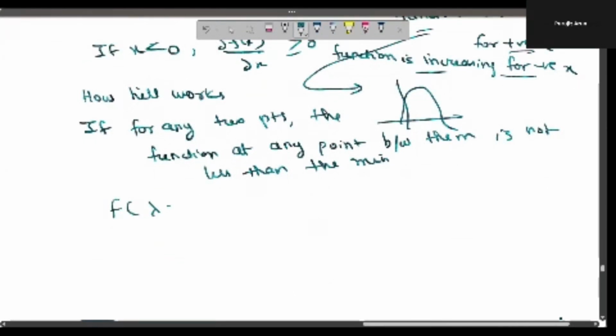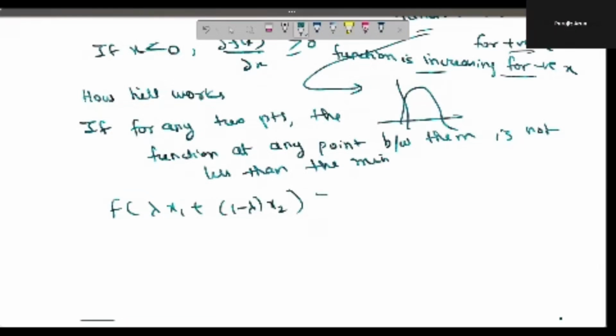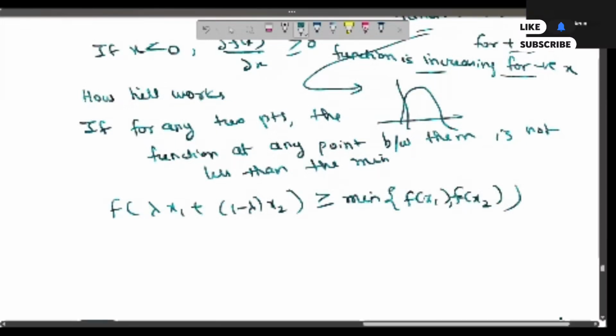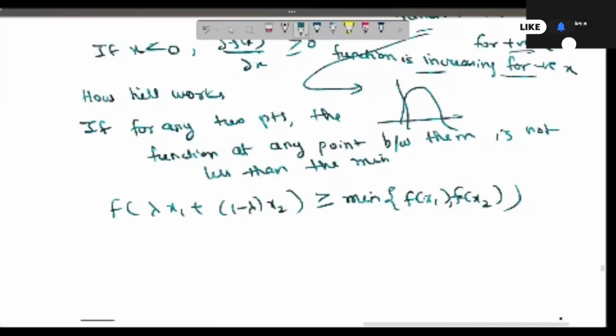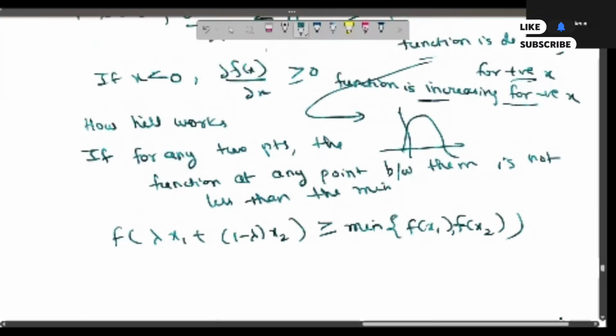You will write it as a linear combination. That condition of quasi-concavity: the function never dips below the lower level, it always has an upper contour.